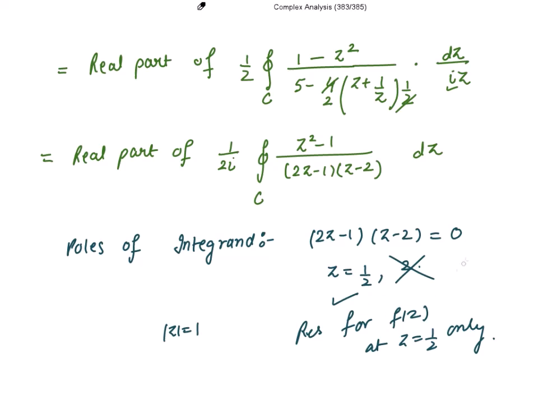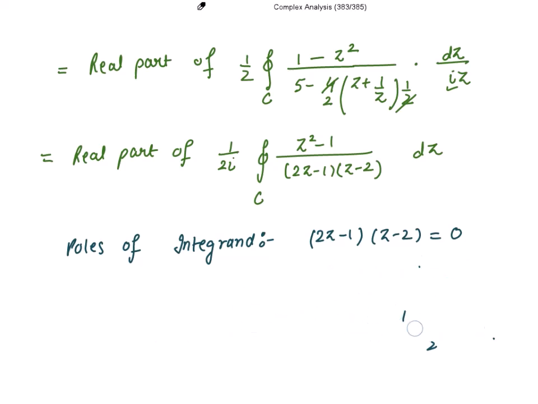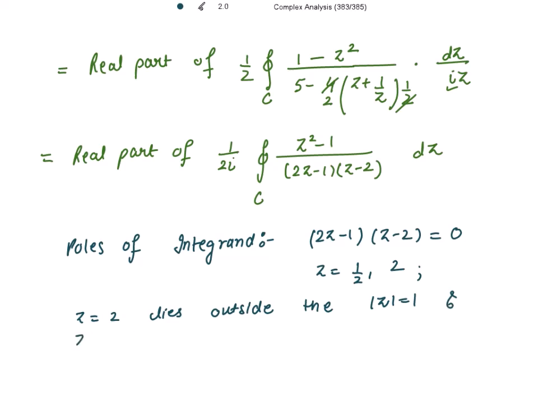Right? So let's write this. So we have got z equal to 1 by 2 and 2 to be our poles, out of which z equal to 2 lies outside the circle mod z equal to 1, and z equal to 1 by 2 lies inside the circle mod z equal to 1, right?